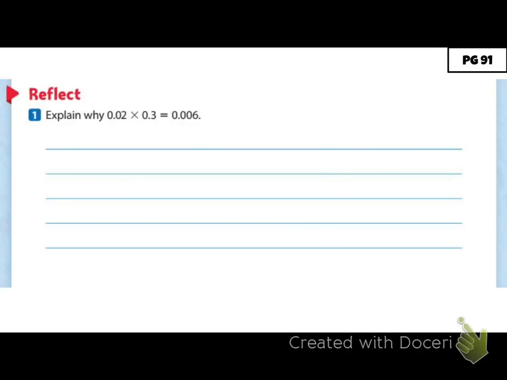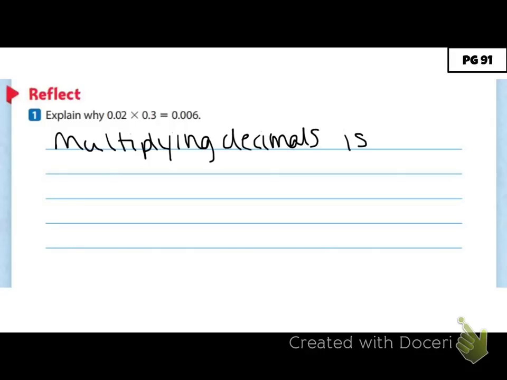Okay, so explain why 2 hundredths times 3 tenths equals 6 thousandths. Well, like we said before, multiplying decimals is like multiplying fractions.